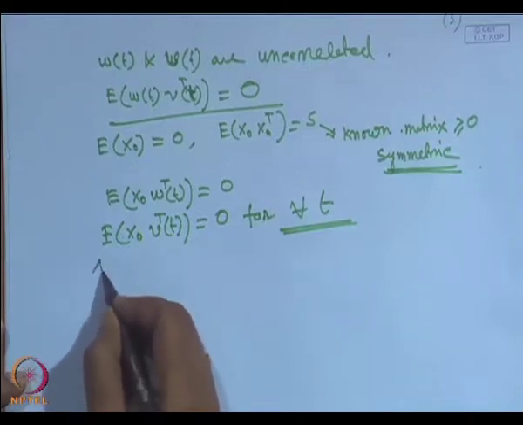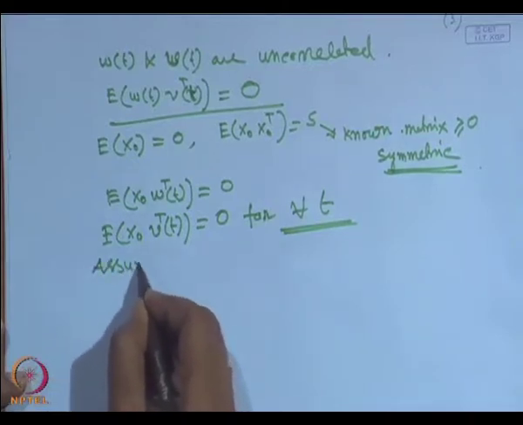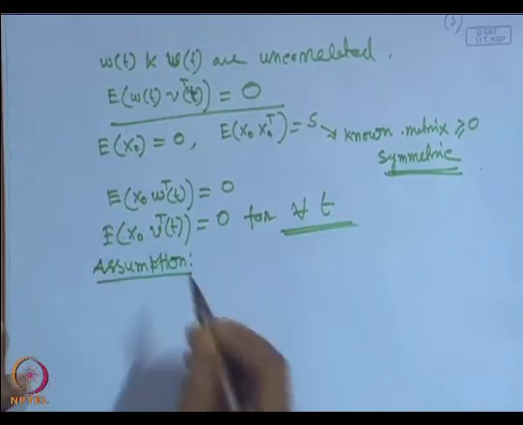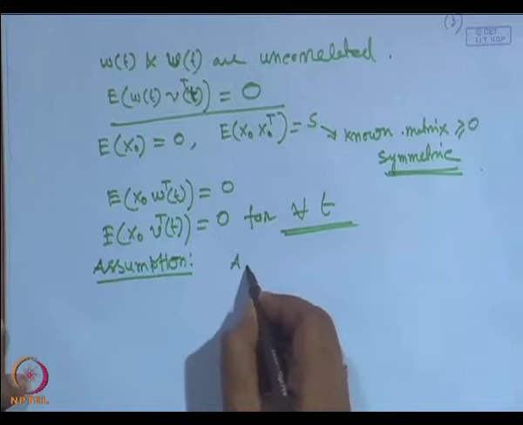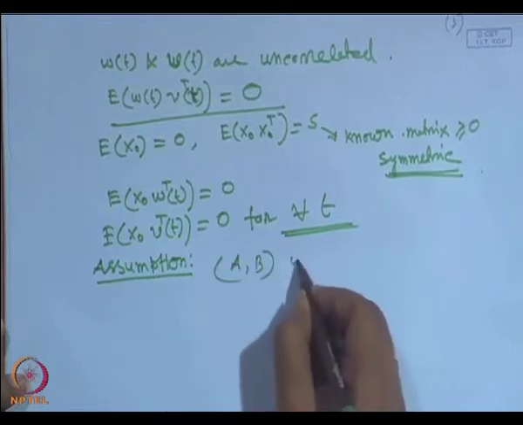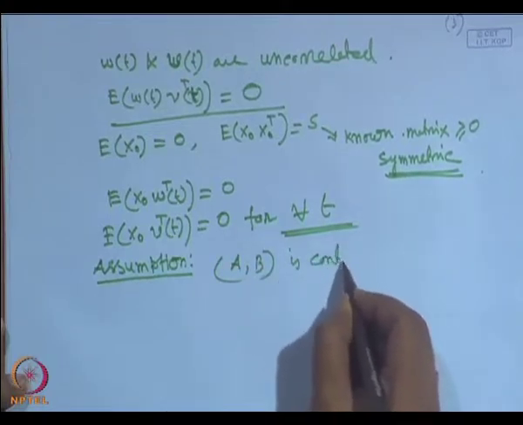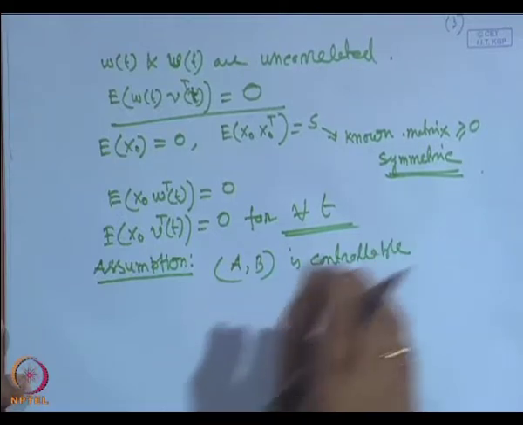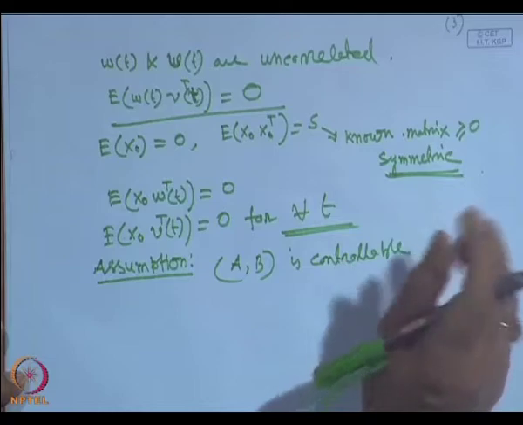Then our main assumptions: the pair A and B is controllable, because then we will be able to shift all the open loop poles of the system to desired locations by LQG, just like LQR.